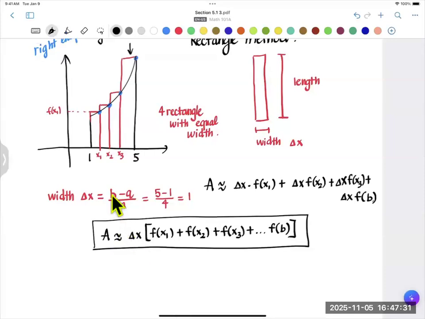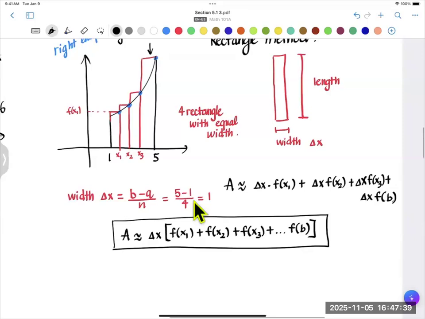Okay, delta x is b minus a over n, and then x1, x2, x3 can be found by taking the first value, which is a, adding the delta x, and then x2 will be a adding 2 times delta x. Okay, so you're adding 2 of the 1, you're adding 3 of the 1.